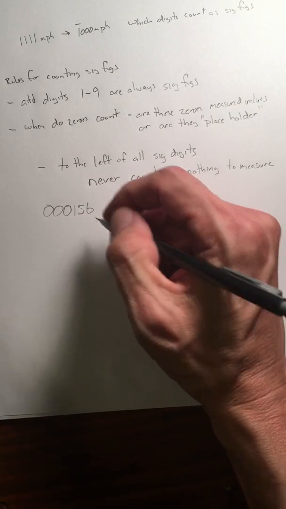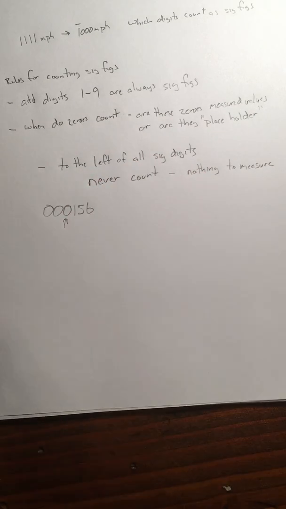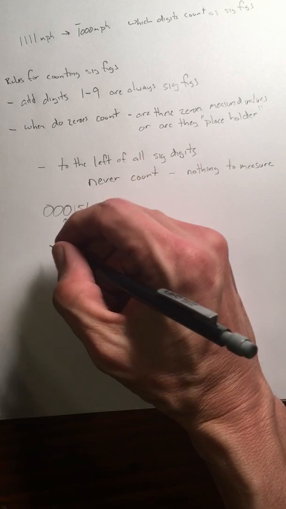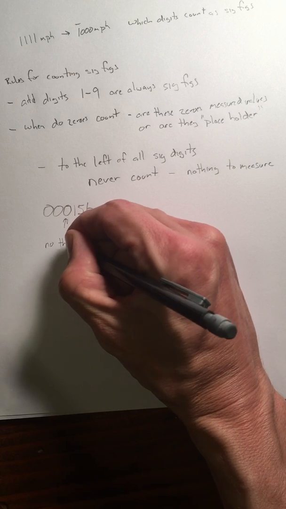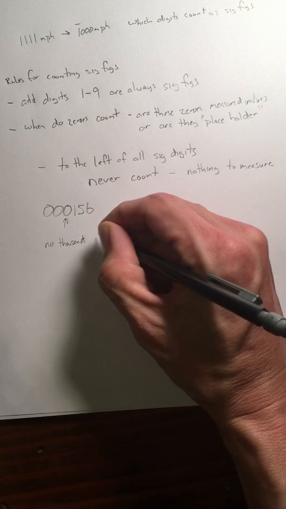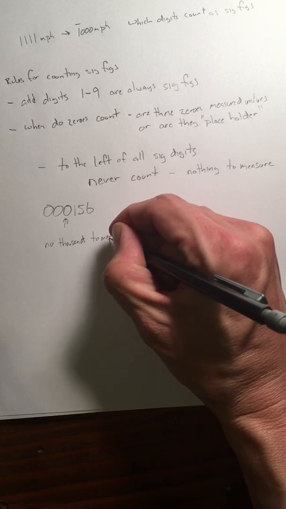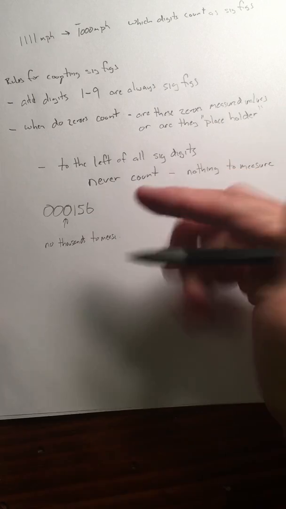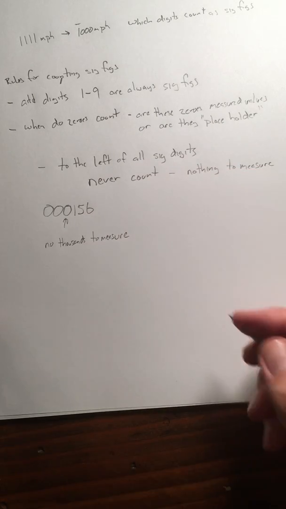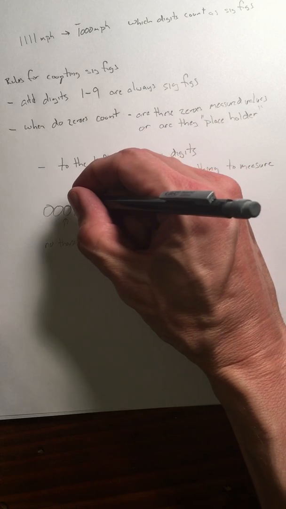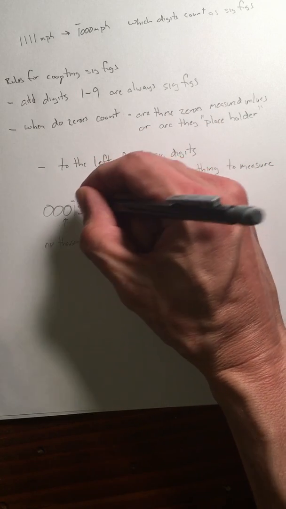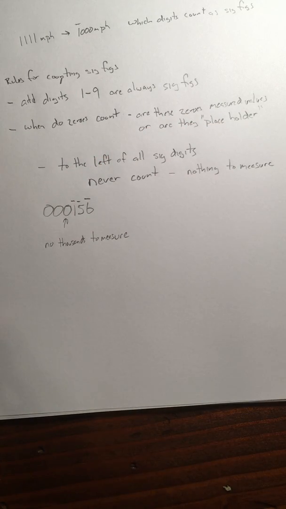If something is 156 centimeters long, and you say, okay, so that means it's 0 thousands, you're not measuring anything. There are no thousands to measure here. So adding more zeros isn't going to help you any. All you're going to get here are 3 sig figs, the 3 digits that you have. And that usually makes pretty good sense to most people.